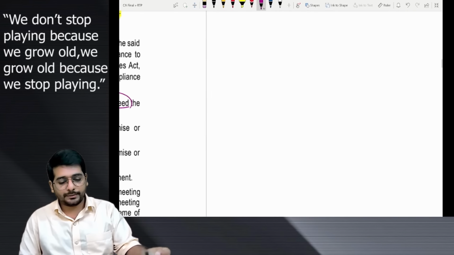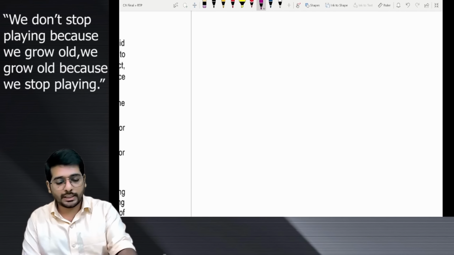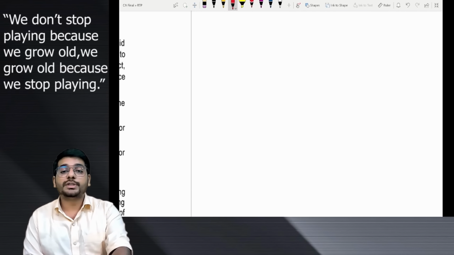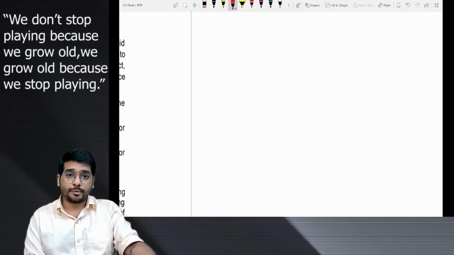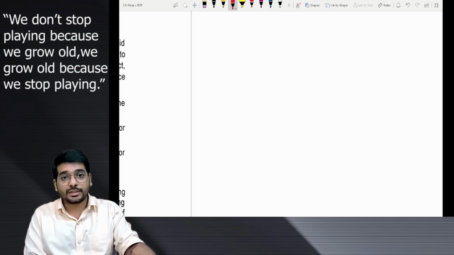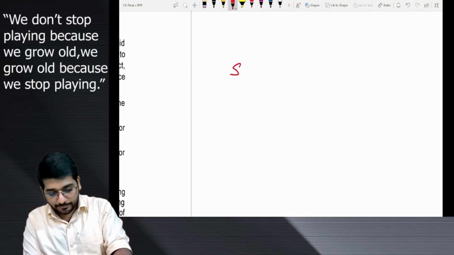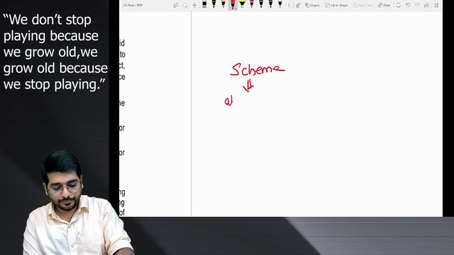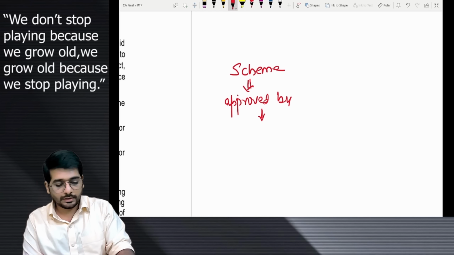Now, if you recollect the provision under compromise arrangement, sanction, it says your scheme shall be approved by minimum 75% majority.